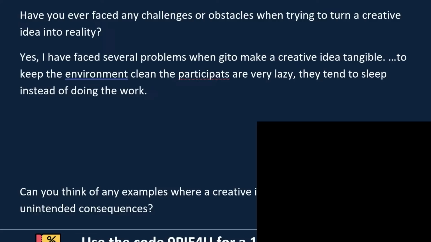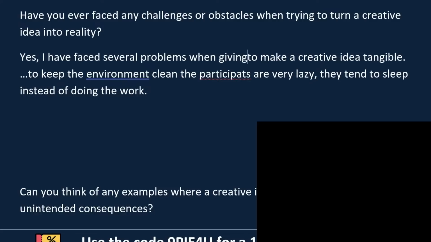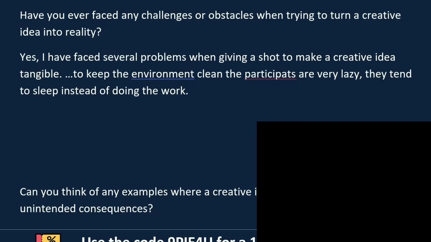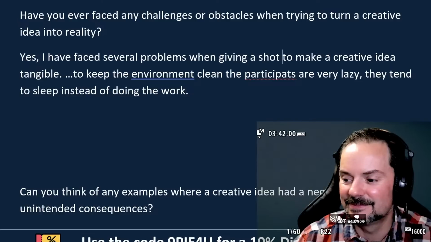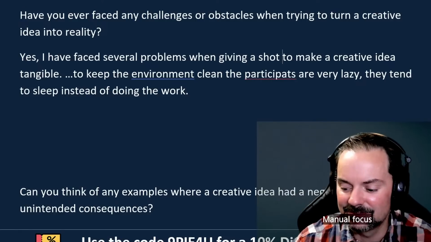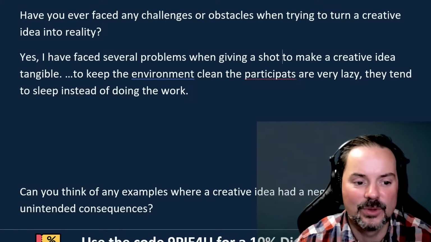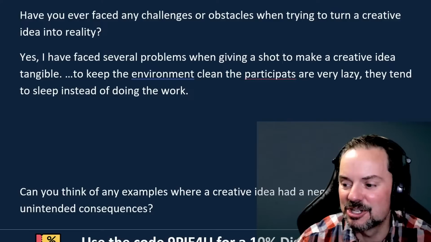So yes, I have faced several problems when giving a shot to make creative ideas tangible. Then it makes sense. Okay. Yes, I have faced several problems when giving a shot to make a creative idea tangible.